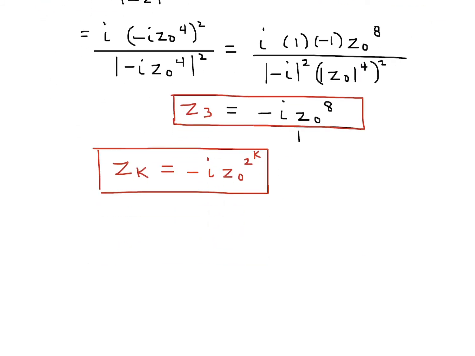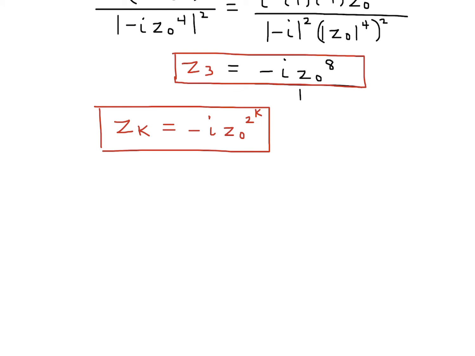So our question wants us to figure out how many possible values are there for z0. Now, we are given a clue that z to the power of 2005 is equal to 1. So therefore, when k is equal to 2005, we have the following situation. z_2005 is equal to, using this formula, negative i z0 to the power of 2 to the 2005.